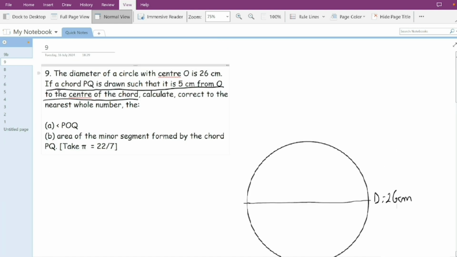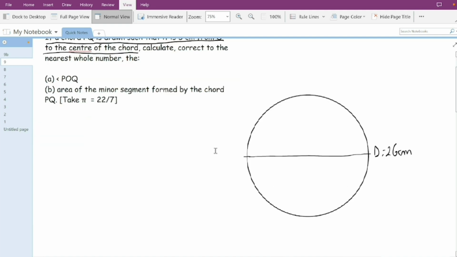Now it says if a chord is drawn such that it is 5 centimeters from O, which is the center of the circle, to the center of the chord. What this is saying is that a line from this center O that meets a chord at its center makes an angle 90 degrees to the chord. We should put that in note.